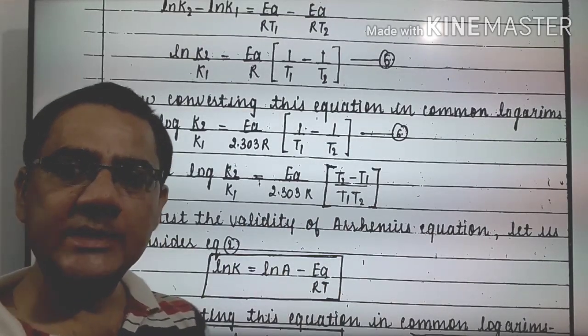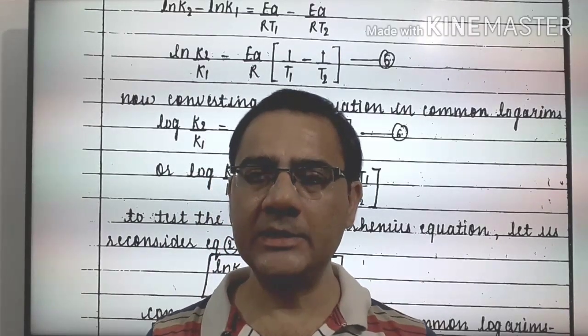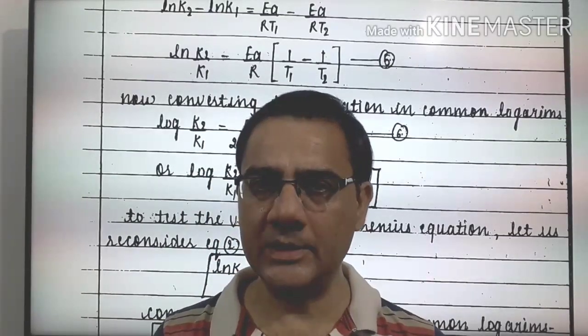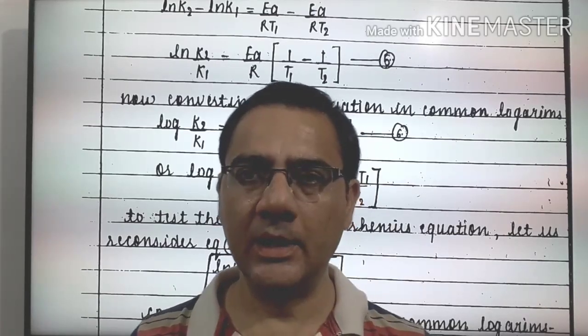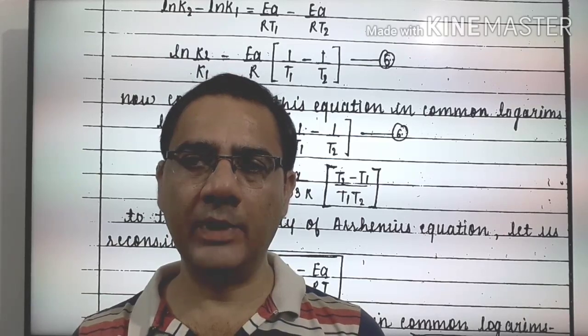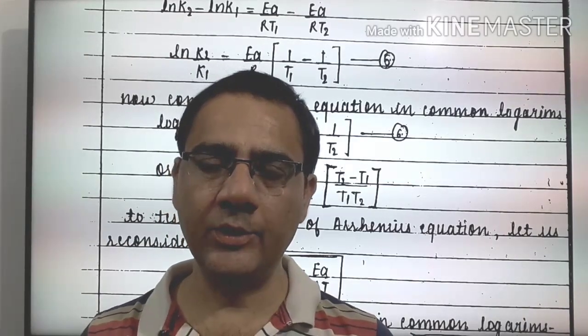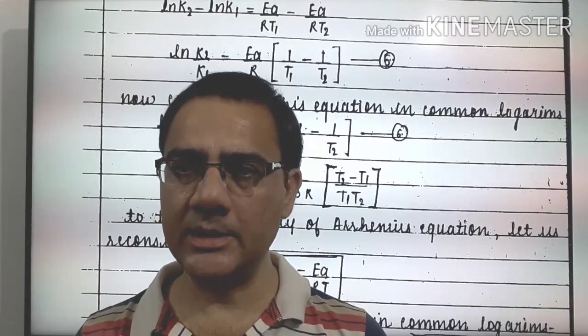Now we will see the validity of this expression. Validity means we will try to prove whether this expression derived by Arrhenius is correct or wrong. So we will convert the Arrhenius expression into y is equal to mx plus c.